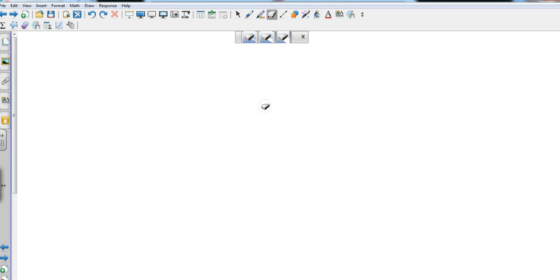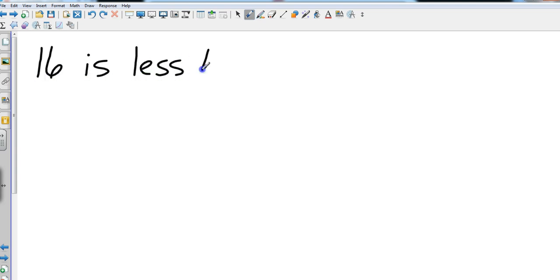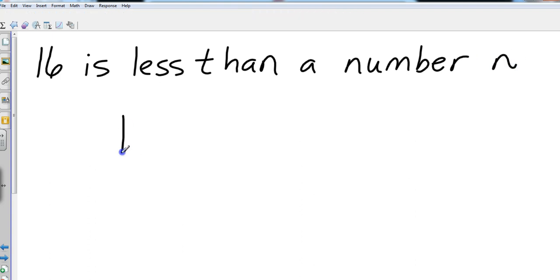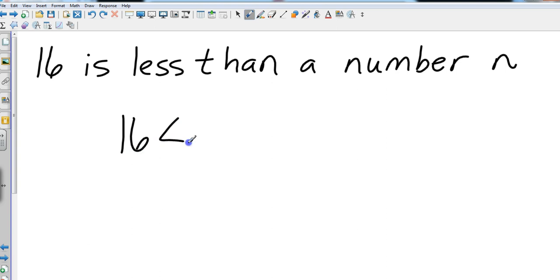Let's rewind. Let's do 16 is less than a number n. Okay, so just going left to right, 16 is less than a number n.